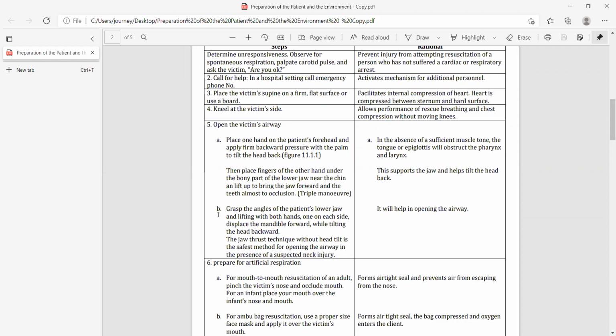So we have to grasp the angle of the patient's lower jaw. Now you have to grasp the angle of the patient's lower jaw, okay? And then lift with both your hands, one on each side, and then you have to displace the mandible forward while tilting the head backward.